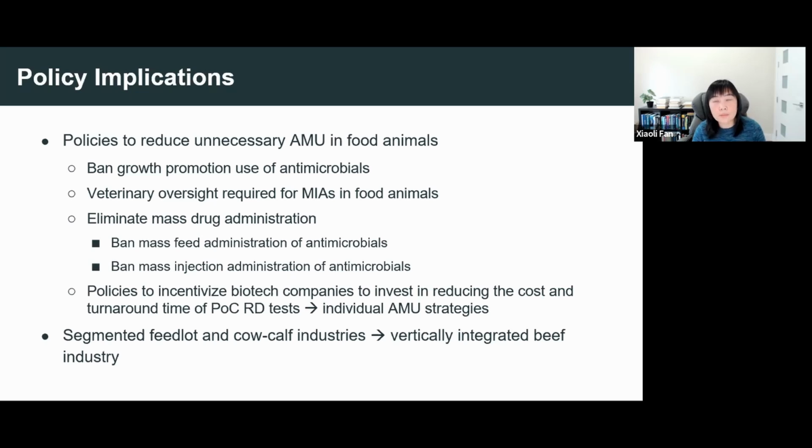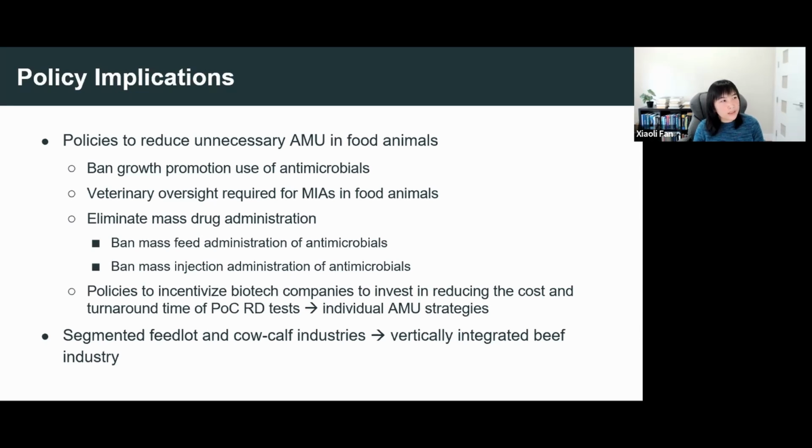So that's the most important reason for BRD. And if there could be a more vertically integrated beef industry, then maybe we will be able to eliminate that need for antimicrobial use in beef feedlots. However, that's another debate, whether a vertically integrated beef industry is better than the segmented beef industry. That's one implication.